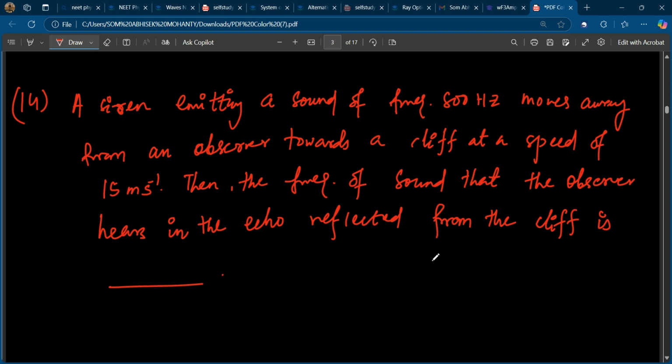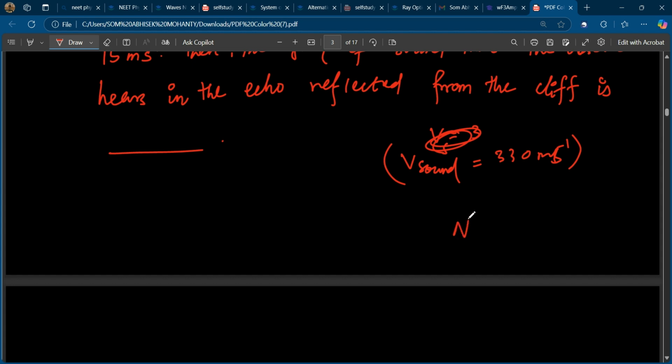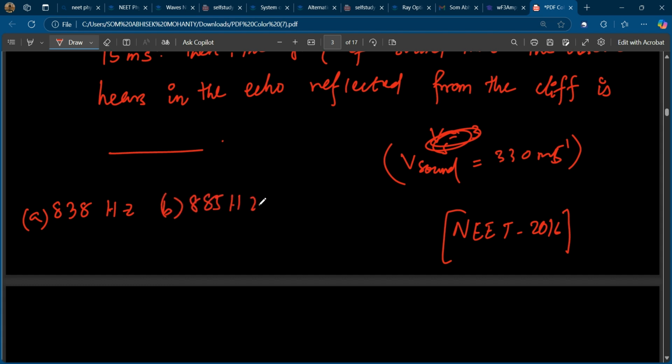Again, the velocity of sound is given as 330 meter per second. This question came in NEET 2016 phase 1. Options are 838 hertz, 885 hertz, 765 hertz, and option D, 800 hertz.